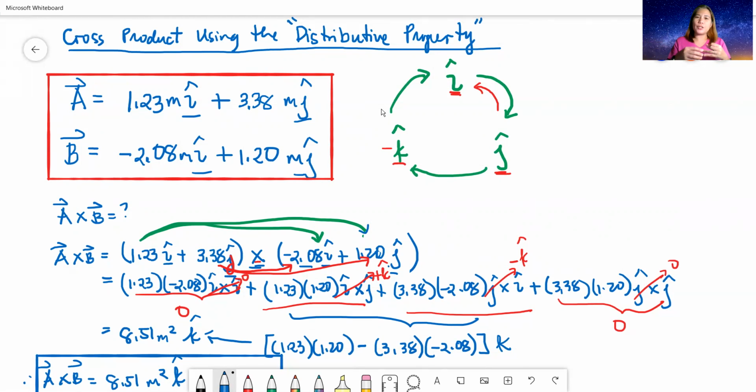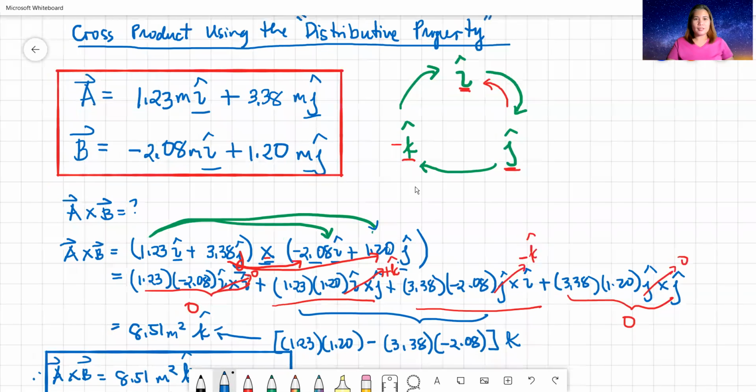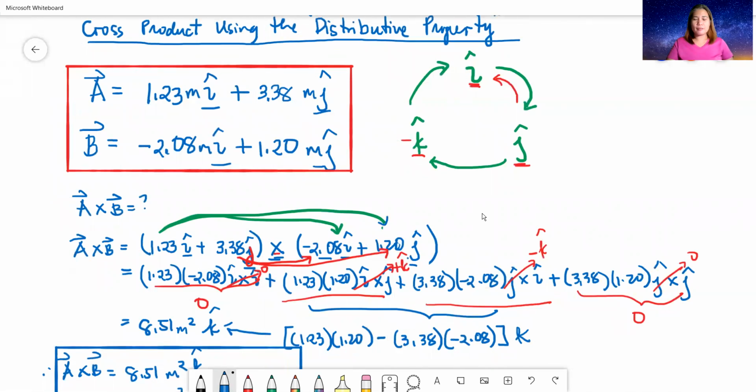Use that. You can use the 3x3 matrix and get the determinant of that matrix. Or you can use the distributive property where you only need this tool here, the I hat, J hat, K hat, written in clockwise direction. So any method will do.